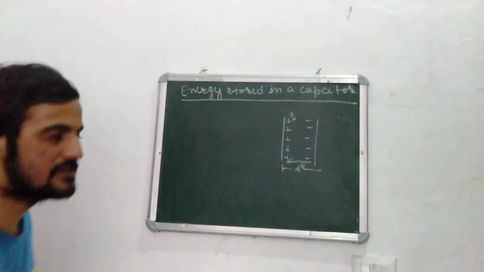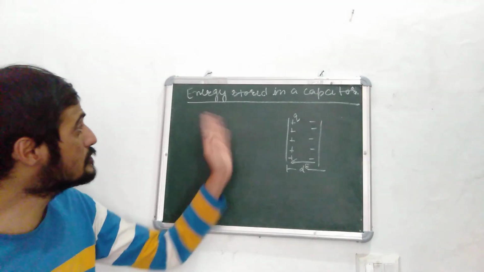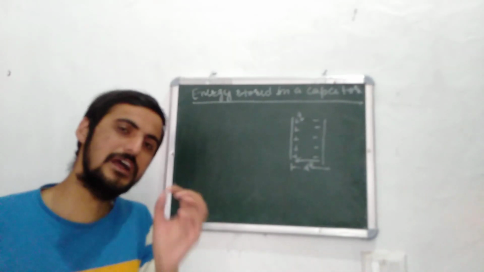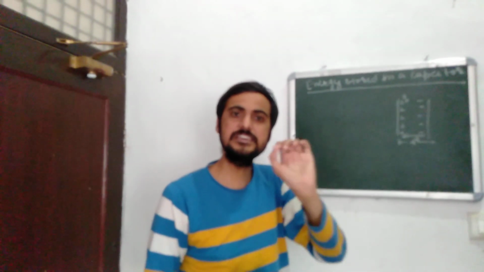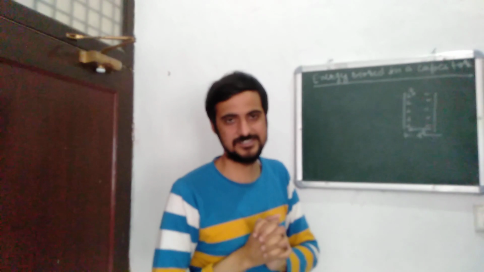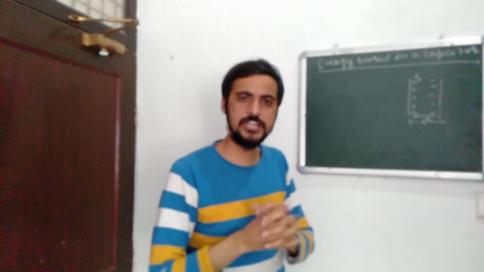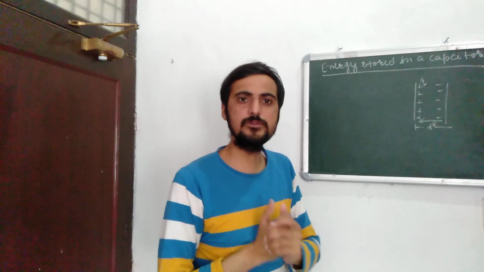We have to calculate the energy stored. Remember one thing: the energy stored in the capacitor is in the form of potential energy. What is potential energy? The energy possessed by a body due to its position.